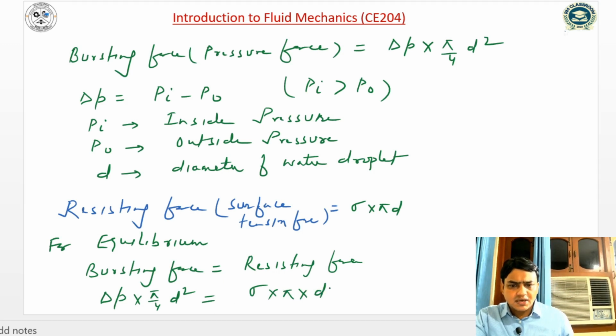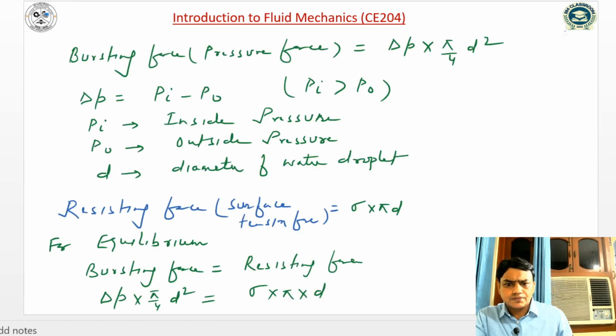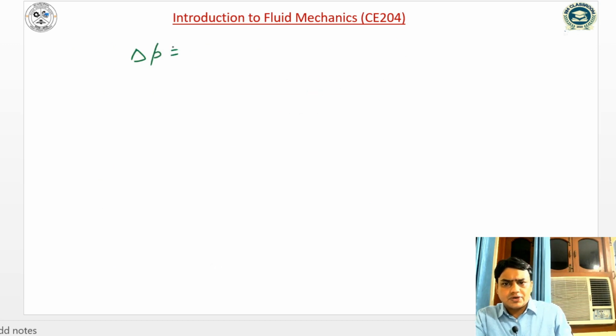So pi cancels, d cancels, and delta P is equal to 4 sigma divided by d.